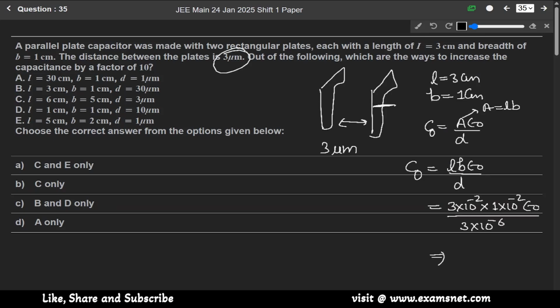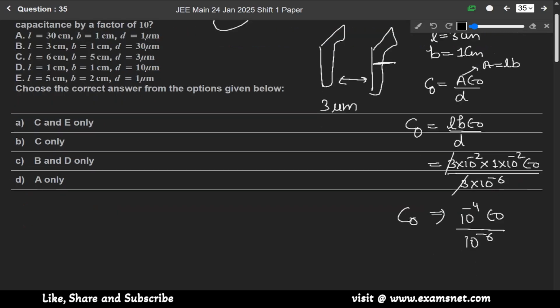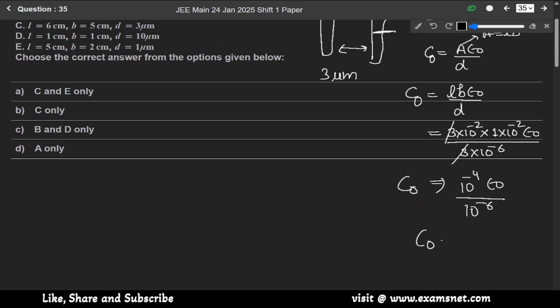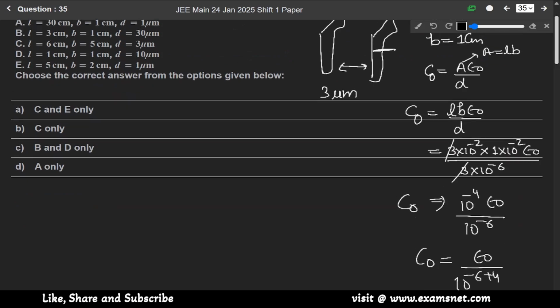So when we solve it, we get C naught is equal to, 3 cancels, 10 to the power minus 4 epsilon naught over 10 to the power minus 6. So C naught will be equal to epsilon naught over 10 to the power minus 6 plus 4. So C naught will be equal to epsilon naught over 10 to the power minus 2. Okay.